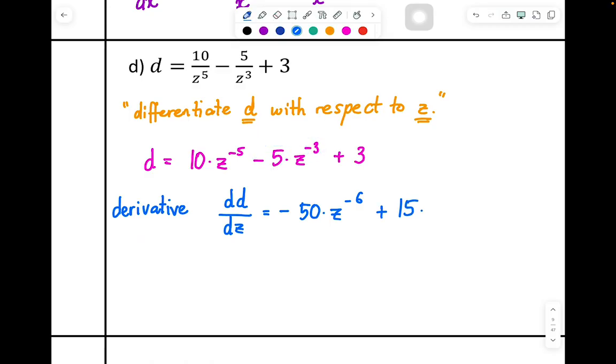You take the power, multiply it at the front. And this constant here becomes +0, so we don't need to write anything there. Last step, we're just going to bring those negative powers back down into the denominator.